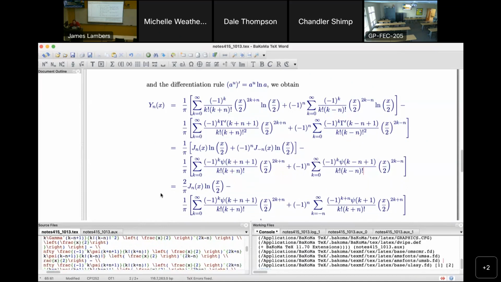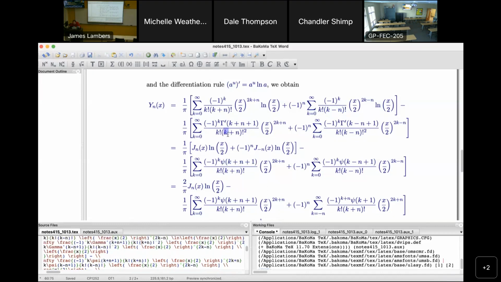Here I have k plus n factorial squared, which is the same as gamma of k plus n plus 1 squared. When you have gamma prime over gamma, that's the digamma function. So the digamma function absorbs one of these k plus n factorials, and the other one is left behind. I forgot to put that there. That square should not be there, and I don't change anything else yet.